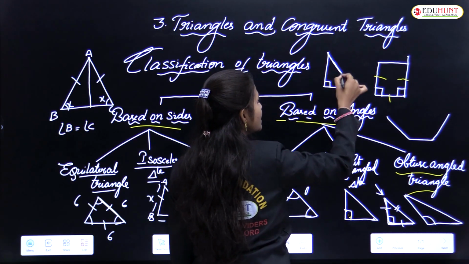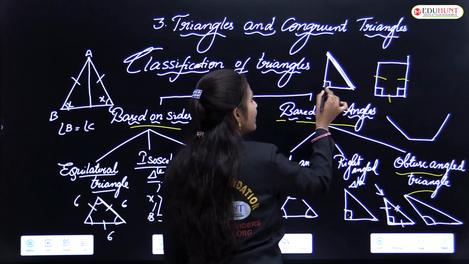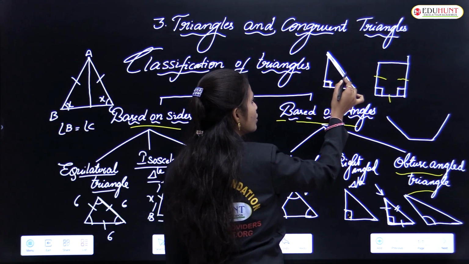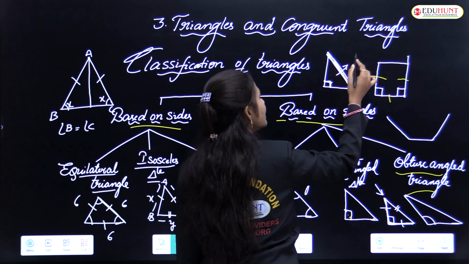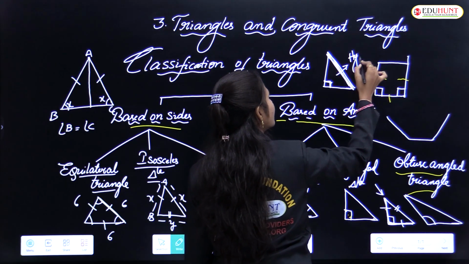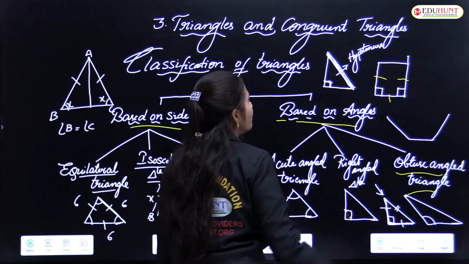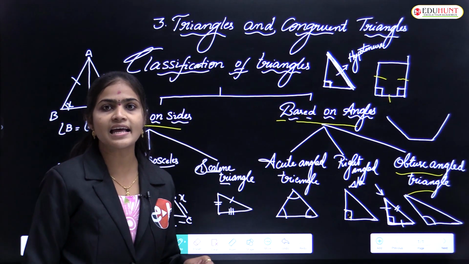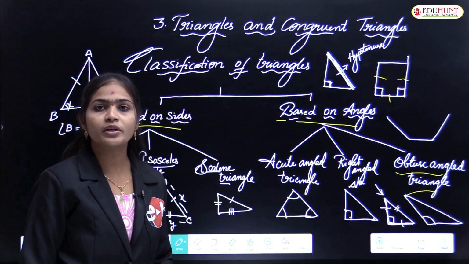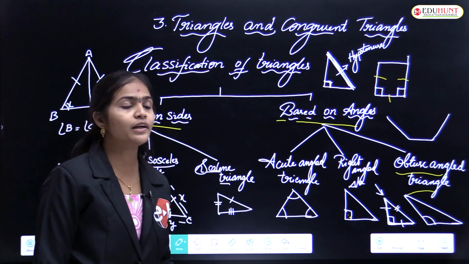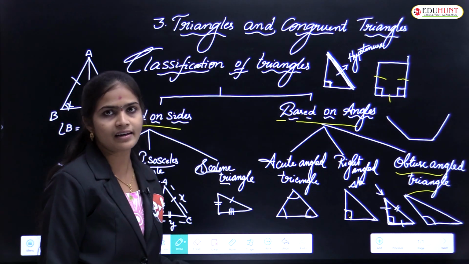The side which is opposite to the right angle of a triangle, we will call the hypotenuse. The hypotenuse is the longest side of a right angle triangle.